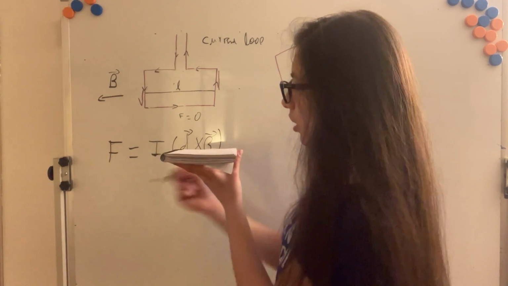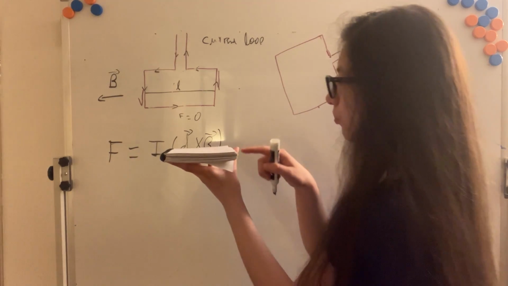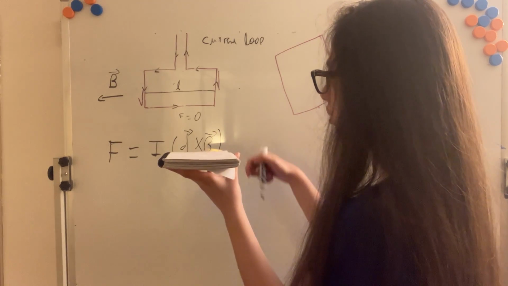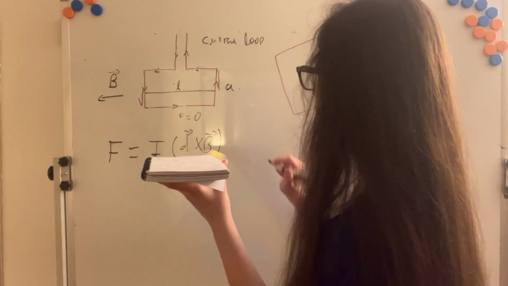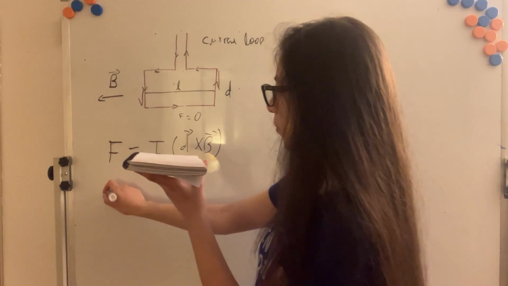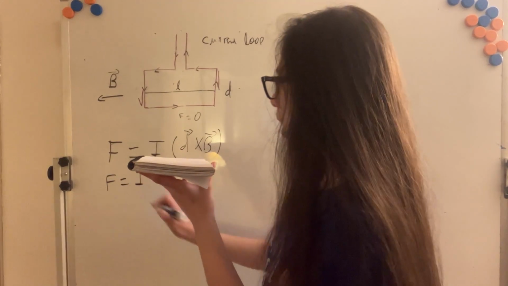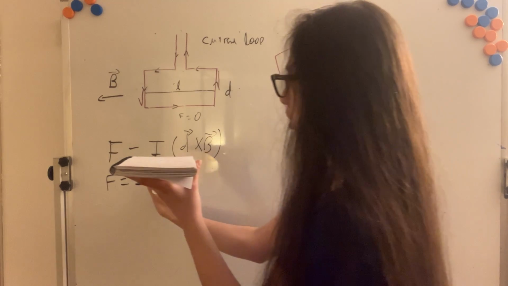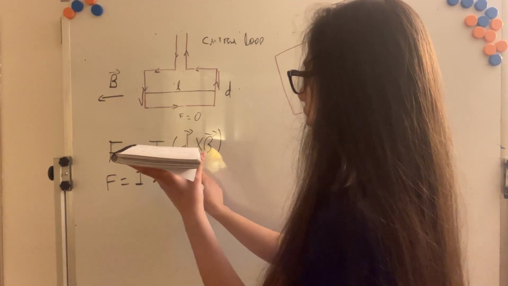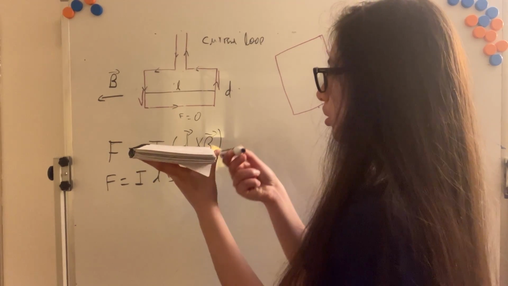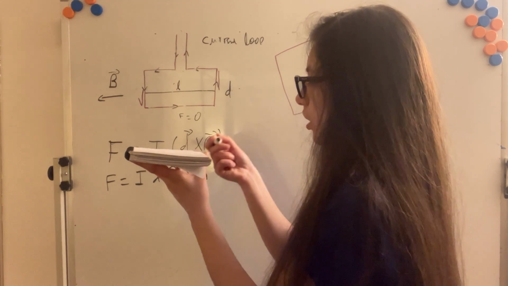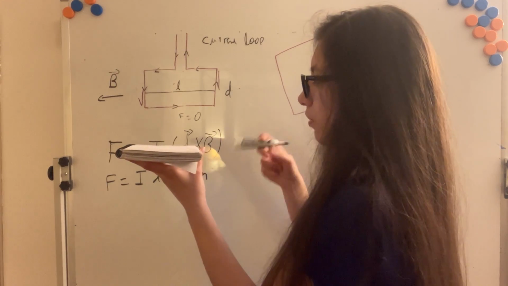For this part and this part, the current is going in this direction. Let's call this part A or D, wherever you want. If it is D, then the force would be the current times D times the magnetic field times the sine of the angle between the length of the wire, this part that is in the direction of the current, and the magnetic field that is in this direction.